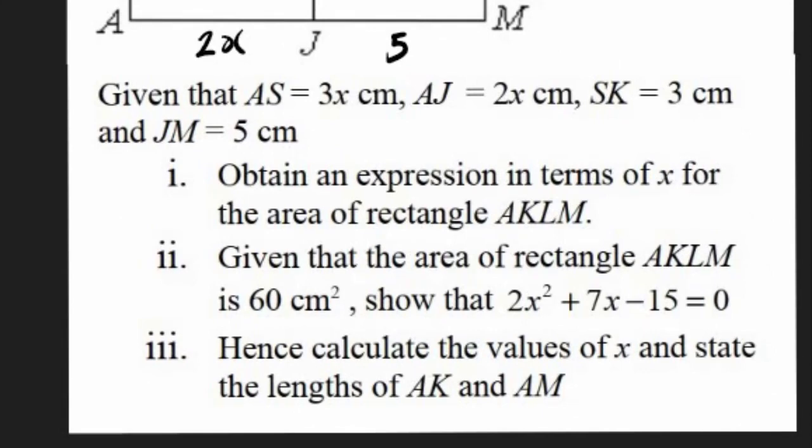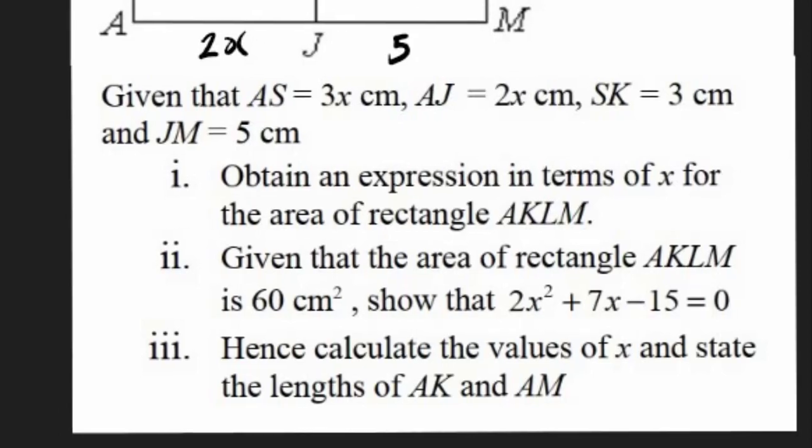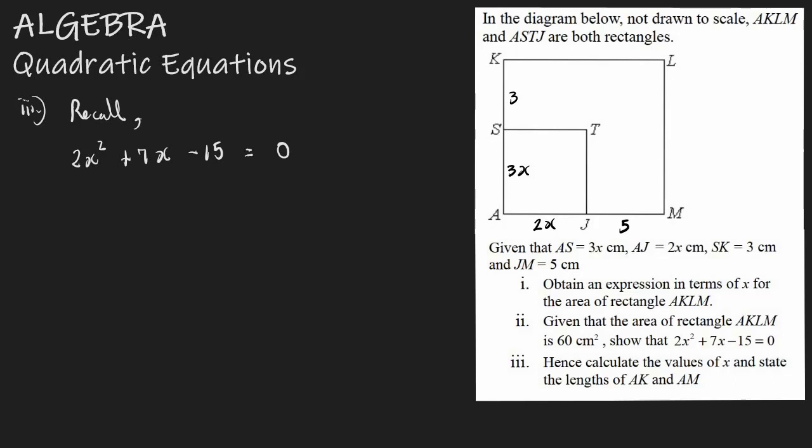Part 3 of the question. Hence, calculate the values of x and state the lengths of AK and AM. Recall, the equation for the area of rectangle AKLM is equal to 2x squared plus 7x minus 15 is equal to 0. This is a quadratic equation, which will give us two solutions for x.